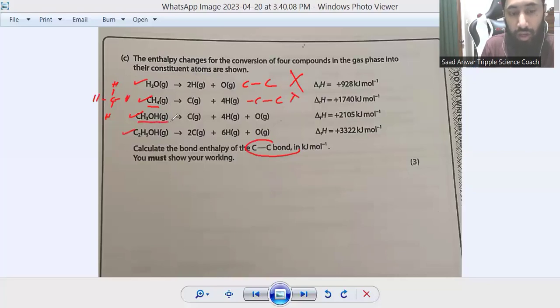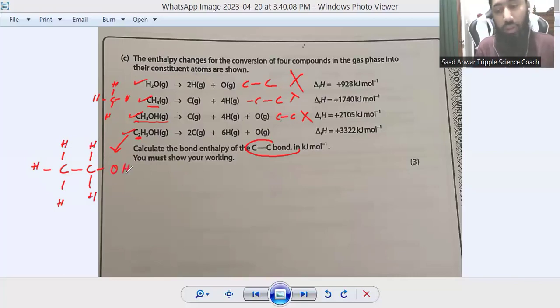In the third? No, because there is just one carbon. But here there are two carbons, so I can see the carbon-carbon bond, and this is the structure of this compound.